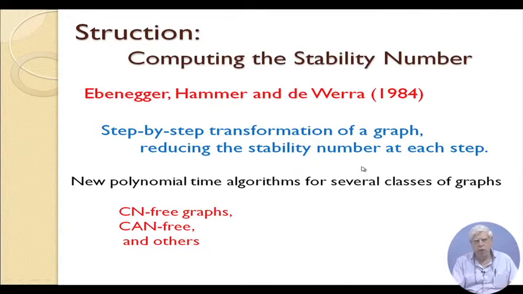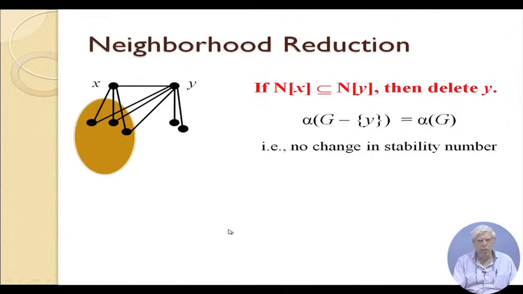So you do this transformation, then you do it again and again, and each iteration you've lowered the stability number by each step until you've got something that is trivial to look at. And then you just add the number of iterations. This was useful to give the first polynomial time algorithms for a few different families of graphs.